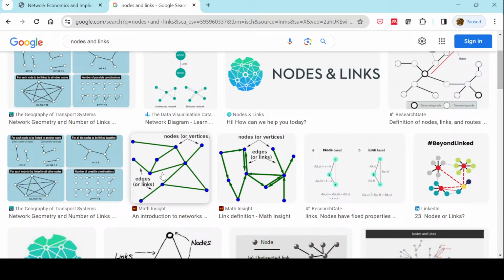The link may be physical, and more often it's not physical. Between you and me as a buyer, we're not connected through a string, whatever, but we have the network. That network effect is going on.